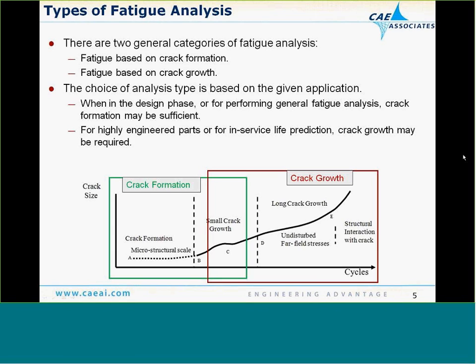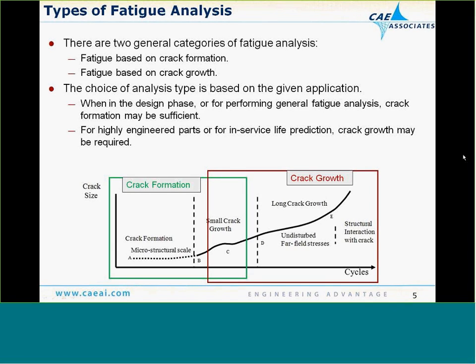A second type of fatigue analysis is based on crack growth. That says that we do have a crack, and we know where the crack is located and what the length is, and then we can determine, based on crack growth laws and the applied loading, how many more cycles of loading we have before this crack will propagate to failure.